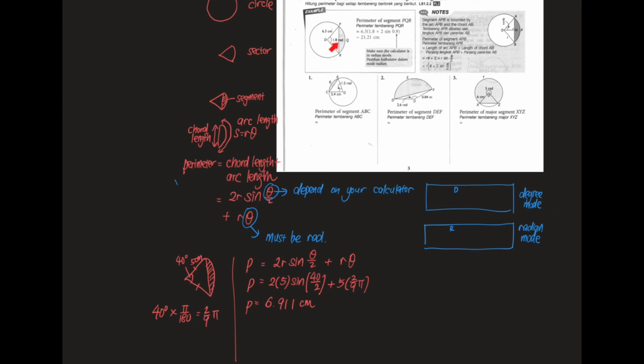If you don't want to change to radian mode, then you change this to degree, and you can put degree over 2. So you have two options here. This is where they use radian divided by 2, so you have to change your calculator to radian mode.